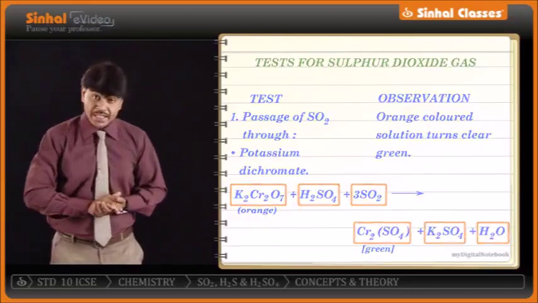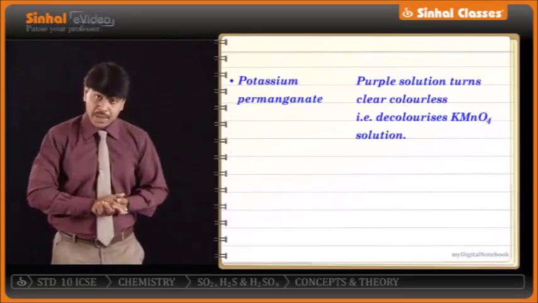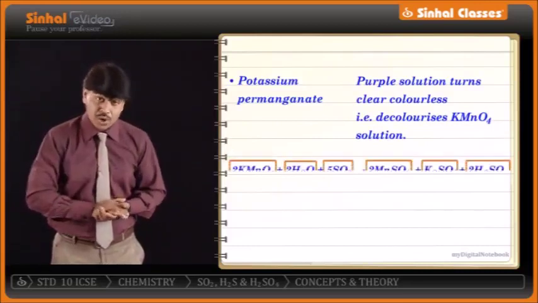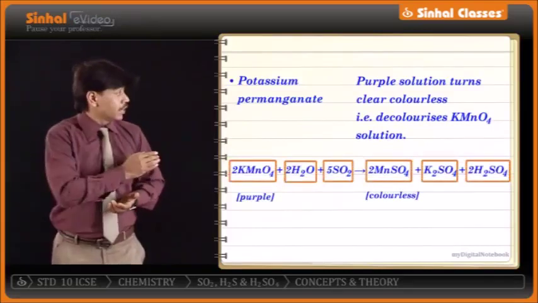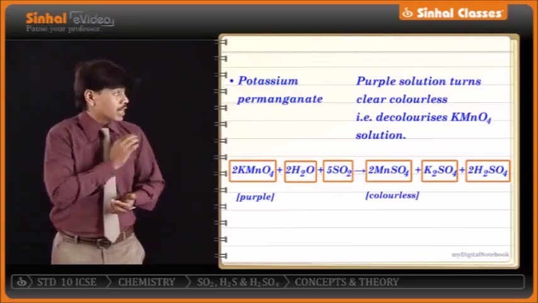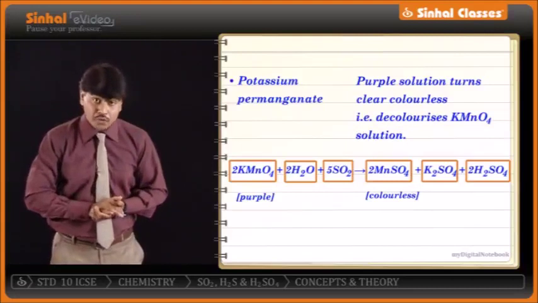In a similar manner, you can test it with potassium permanganate, KMnO4, that is 2KMnO4, which is purple in color, along with 2H2O and 5SO2, sulfur dioxide gas, giving you 2MnSO4, which is colorless, along with K2SO4 and 2H2SO4.